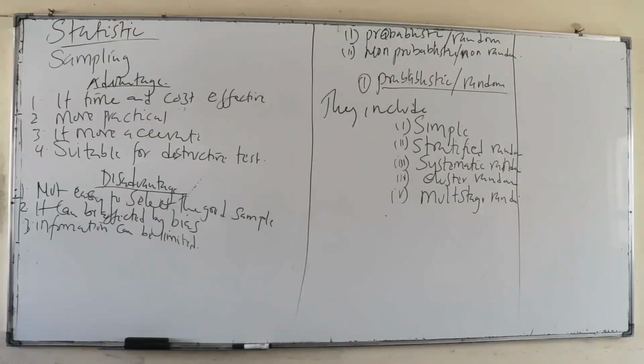Under simple random sampling, this is where all the members of the population have equal and independent chances of being selected into a sample.